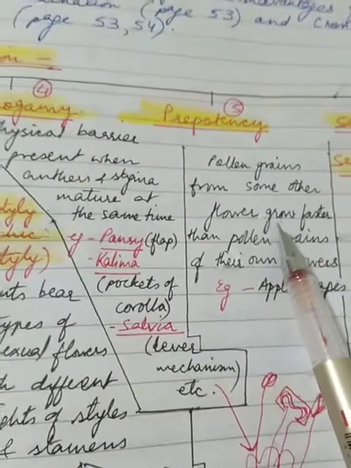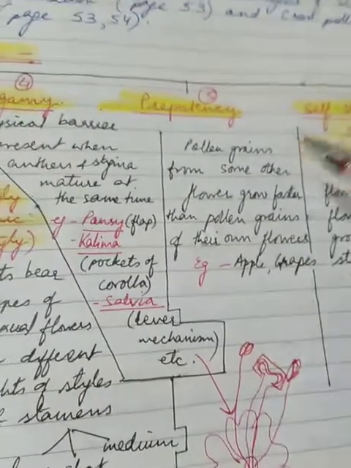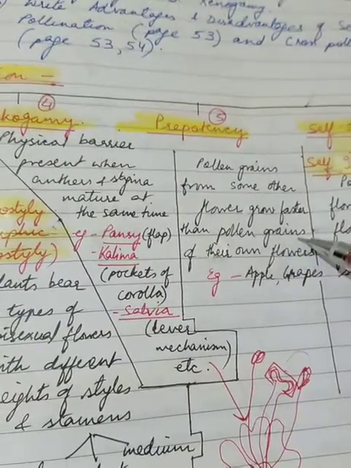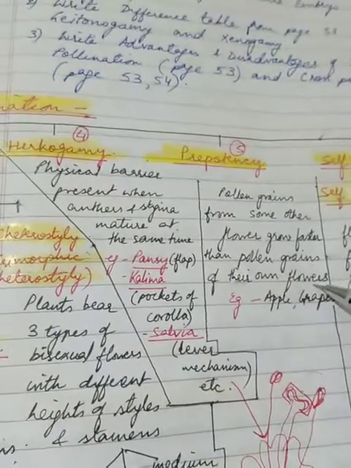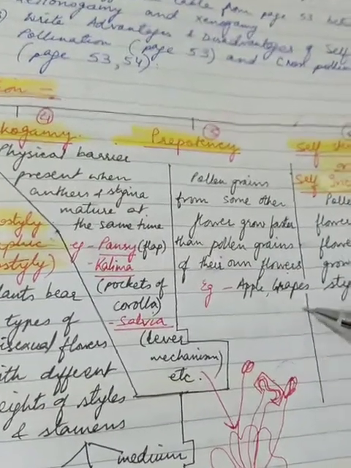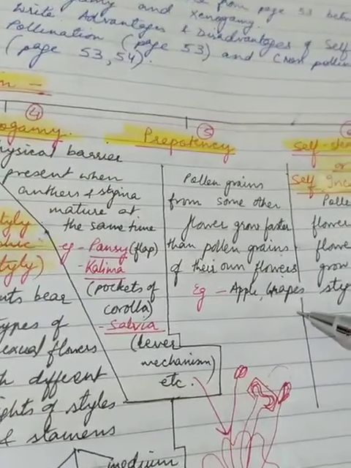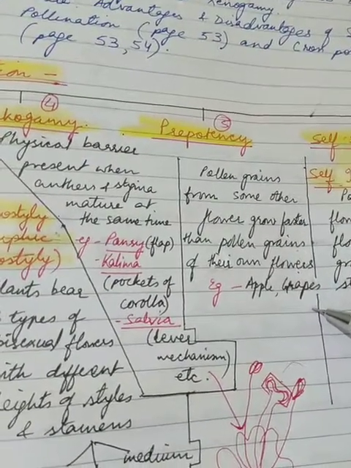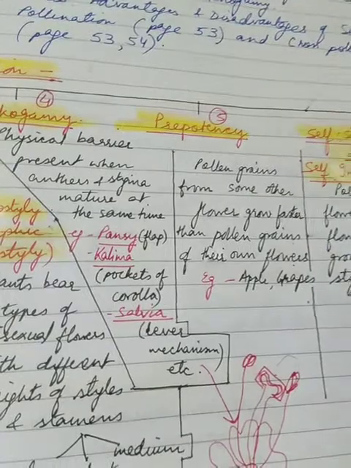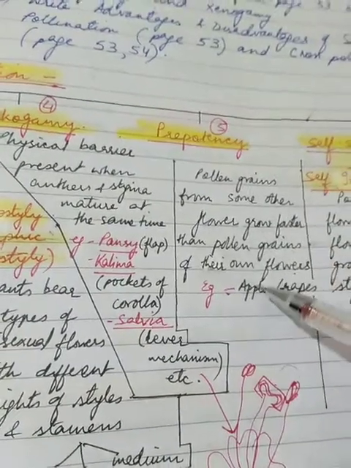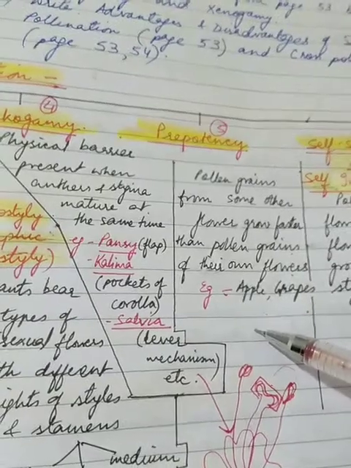Coming to the fifth method, which we call prepotency. Prepotency means that pollen grains from some other flower grow faster than the pollen grains of the flower's own. This is very strange, this difference in timing of growth, as seen in apple and grapes. It clearly indicates that only cross-pollination is possible, because whatever pollen comes from outside will grow faster than the flower's own pollen grains.